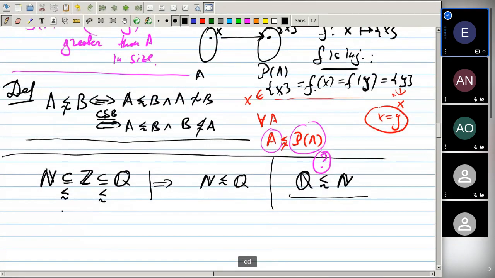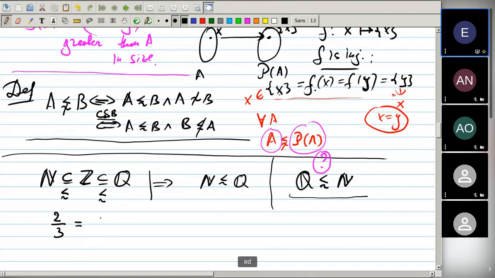Let's consider rational number, say 2/3. Are you familiar with this rational number? Yes, we're familiar, I think.